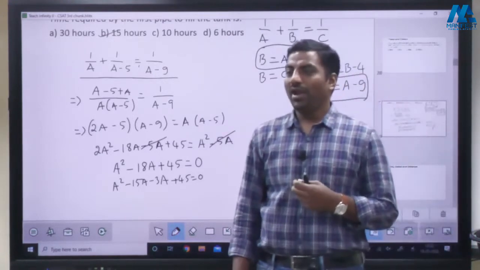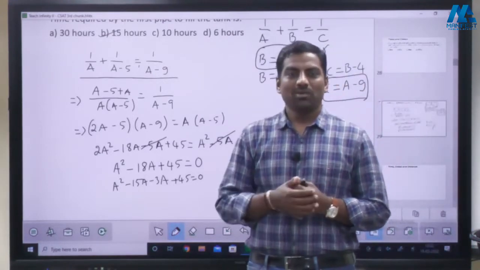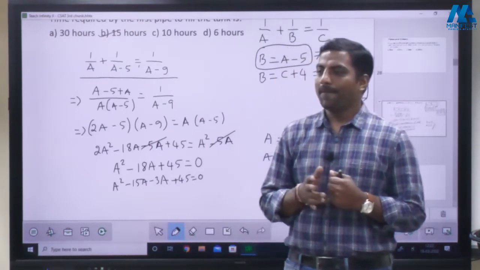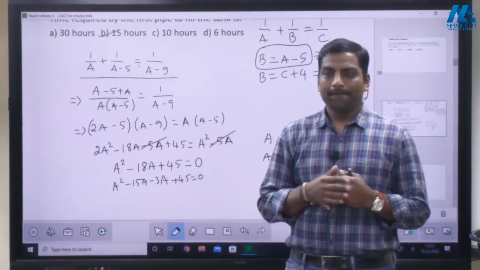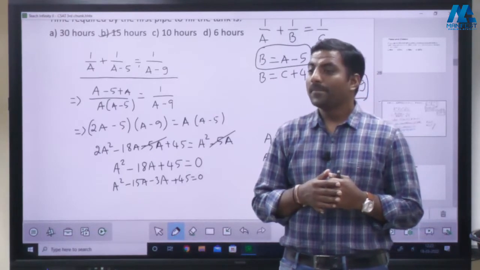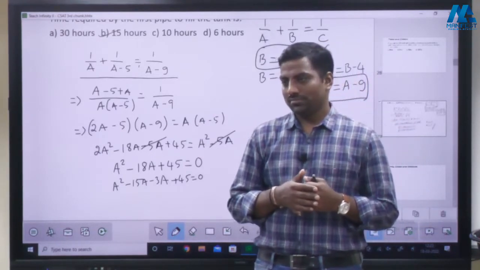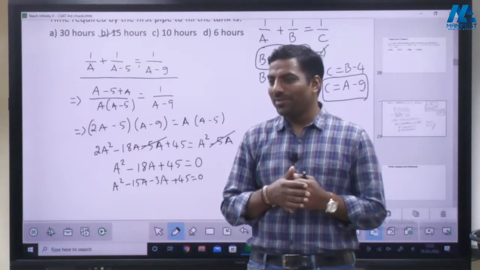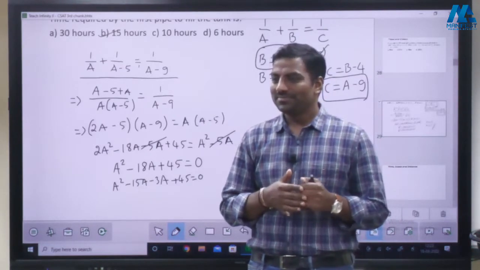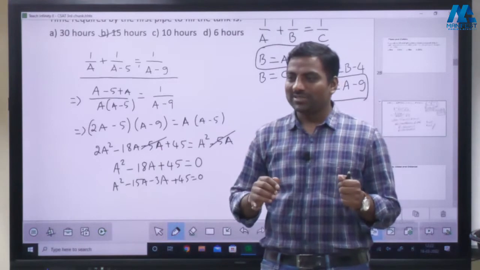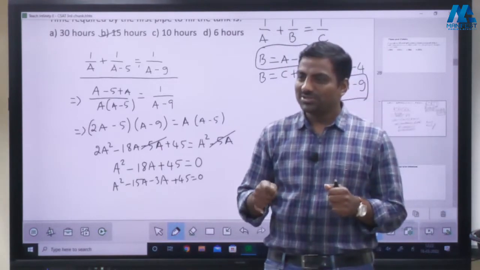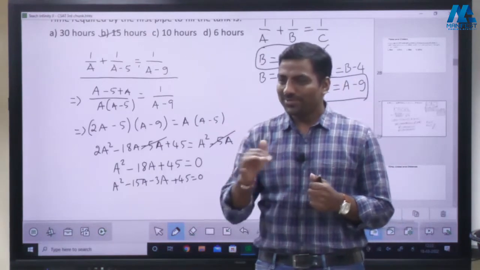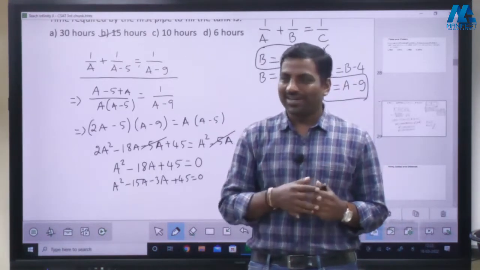Why we are taking train? A car will not be having uniform speed. It will also start from zero only, right?